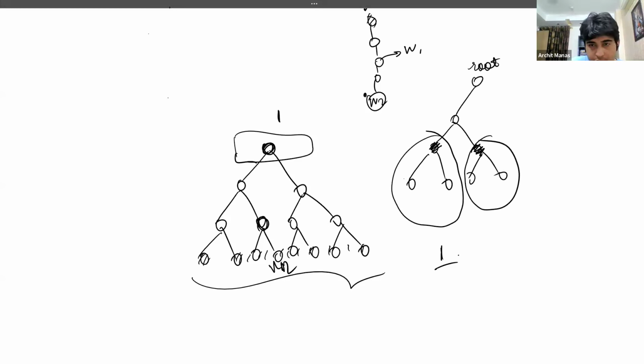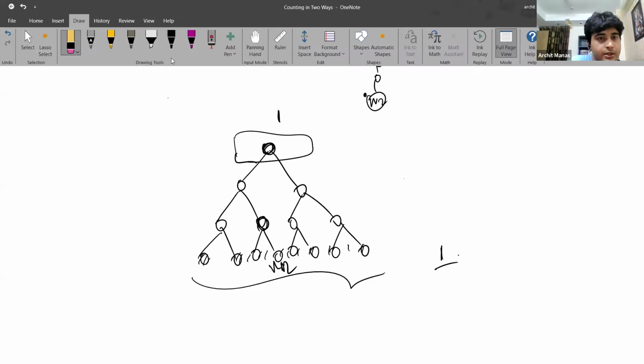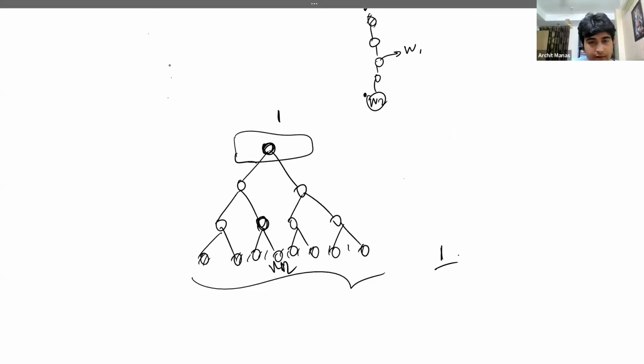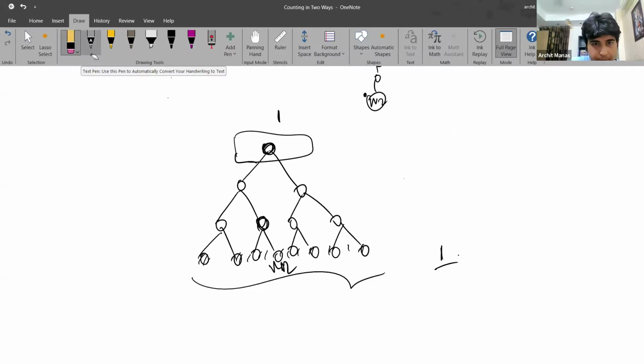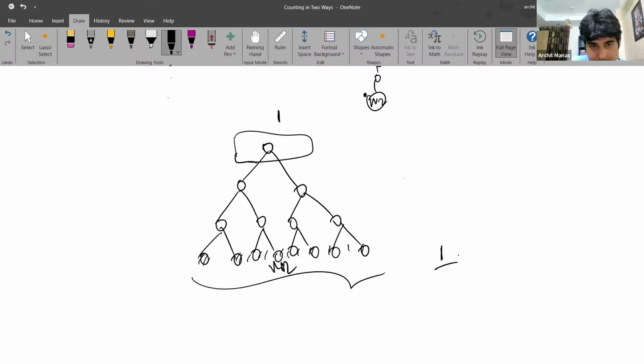Like all the vertices that you could reach from this vertex. Or even more informally, what you could see this as is trying to develop a procedure that preserves the sum of weights, but still makes it easier for you to do whatever you want to do. So this is a very step-by-step process.